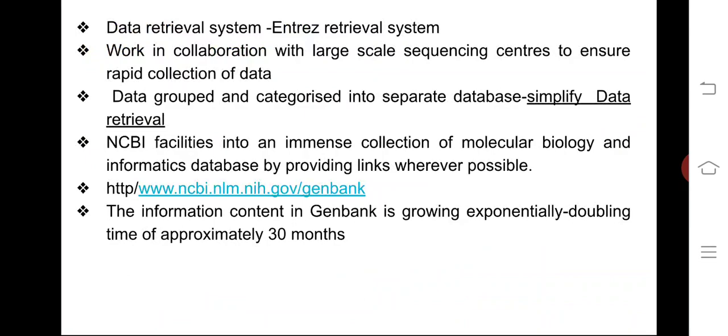NCBI works in collaboration with a large number of sequencing centers. Whenever a new sequence is developed in any of these collaborating sequencing centers, it becomes a part of NCBI and becomes available to the public.